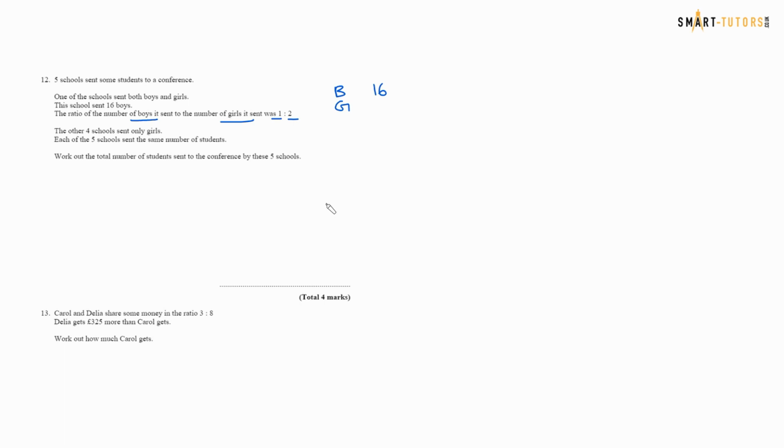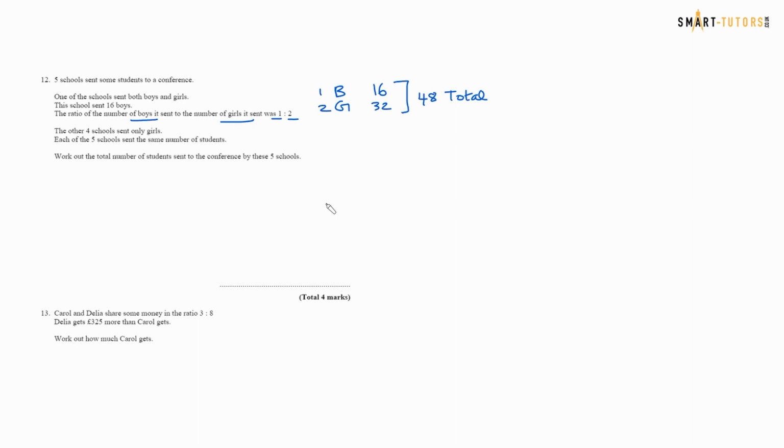So boys is to girls is 1:2. This is one portion, 16, so 2 portions is 32. So total in this school 16 plus 32 is 48 total. So from this school 48 people go to that conference.